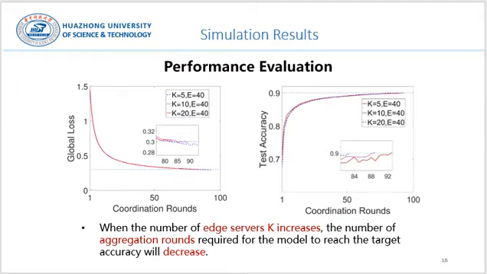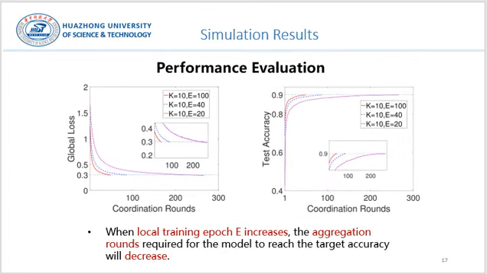We can see that when the number of edge servers K increases, the number of aggregation rounds required for the model to reach the target accuracy will decrease. And in this picture, we can see that when the local training effort increases, the aggregation rounds required for the model to reach the target accuracy will also decrease.